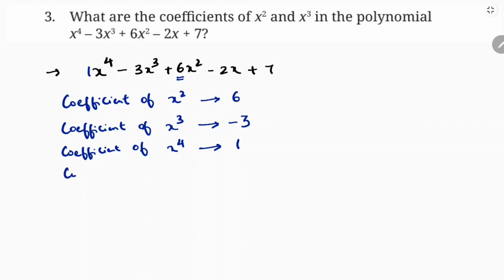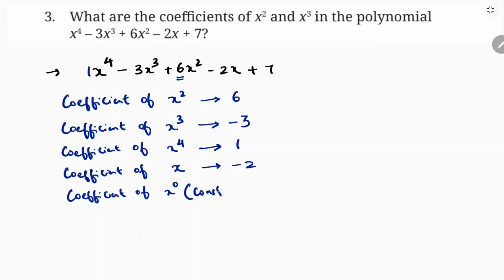Next, the coefficient of x is minus 2. Next, the constant term, or coefficient of x power 0, is 7.